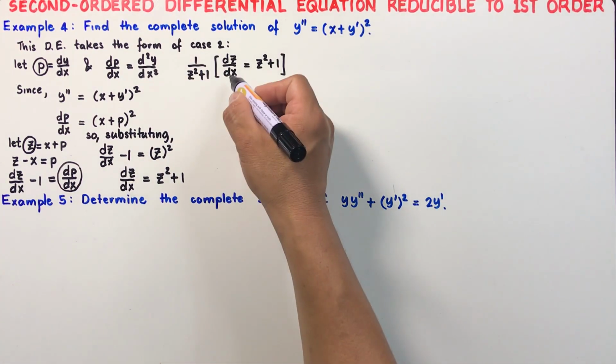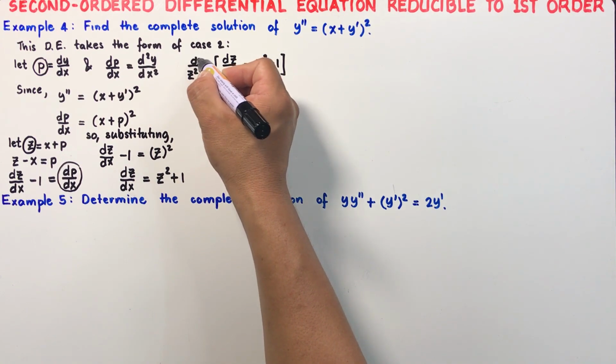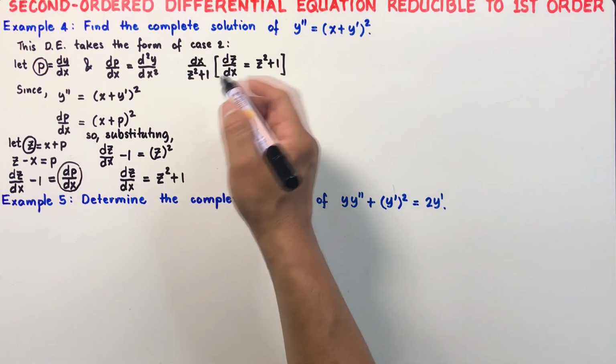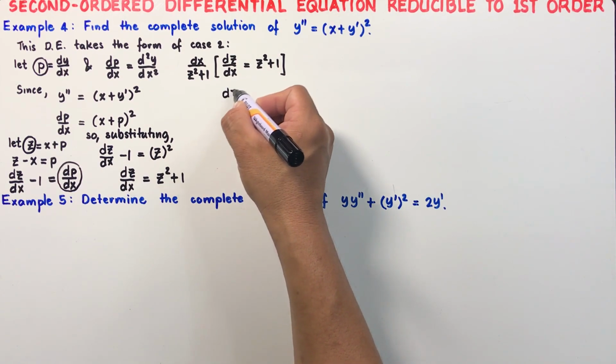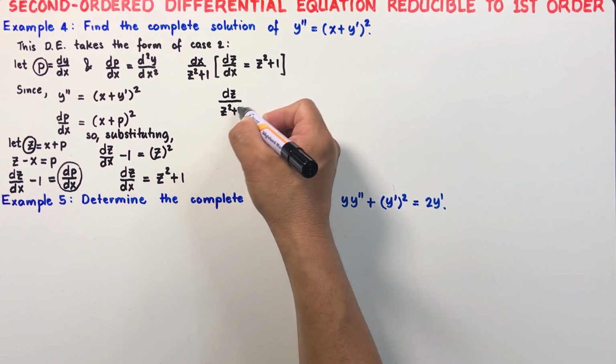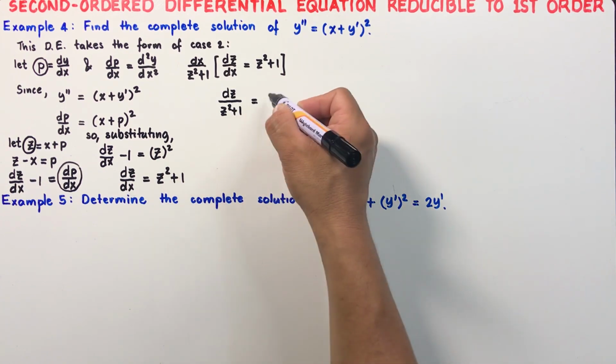And also to eliminate this dx, I need to multiply by dx here. So the dx and the dx cancel each other. So we have dz over z squared plus 1 equal to dx here.